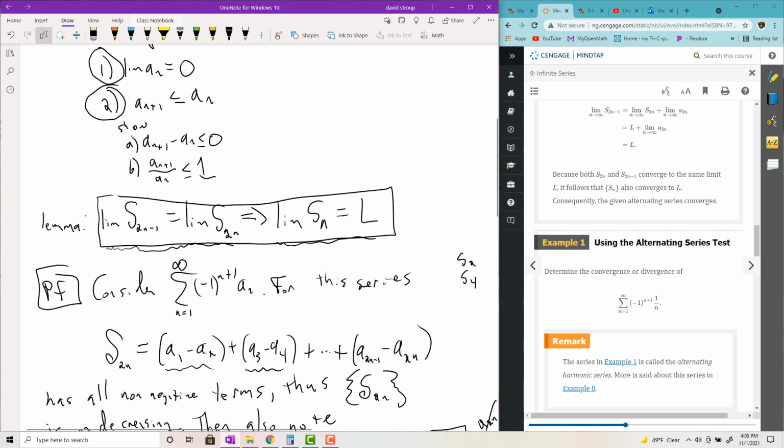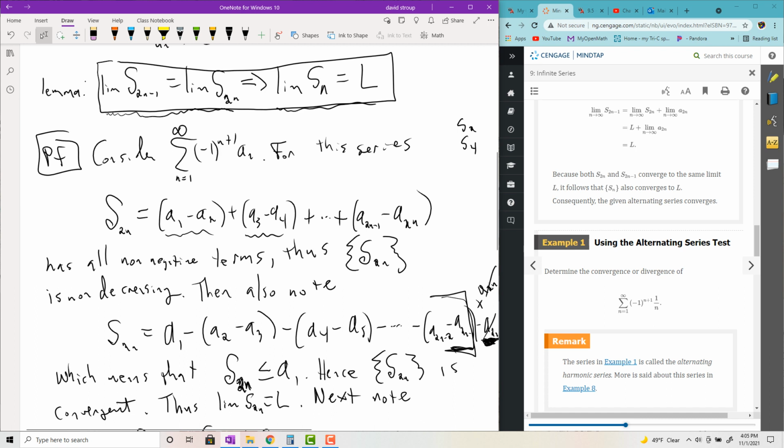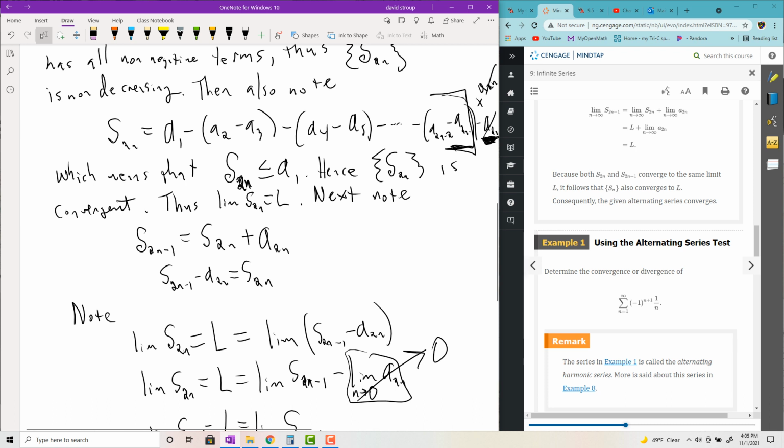It's combined with this other fact that it'll work out, right? The decreasing terms allows us to say that the sequence is non-decreasing, and with that first part we'll be able to establish that the even terms of the sequence of partial sums are convergent.